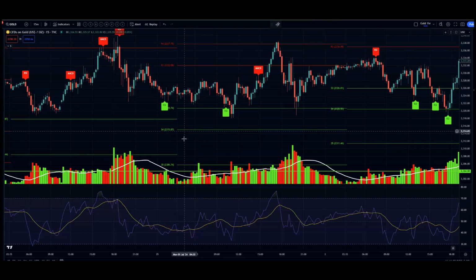That's how our resistance and supports are defined, and we need to see the price go there and get resisted and come back, and then do whatever it does in the other indicators as well.